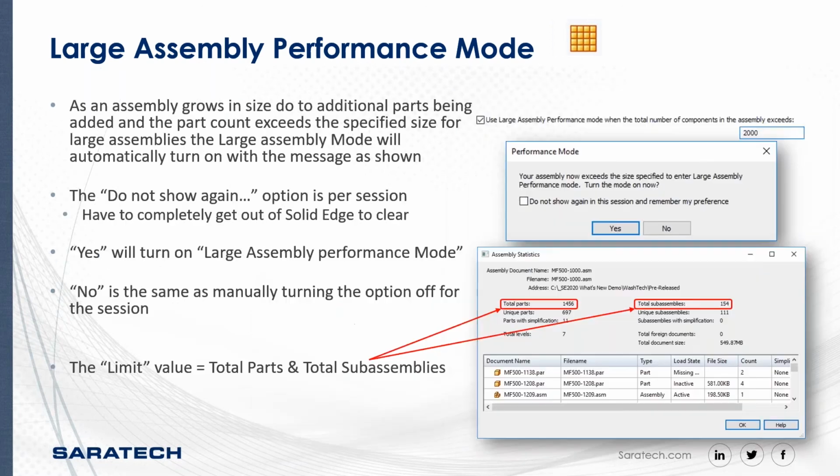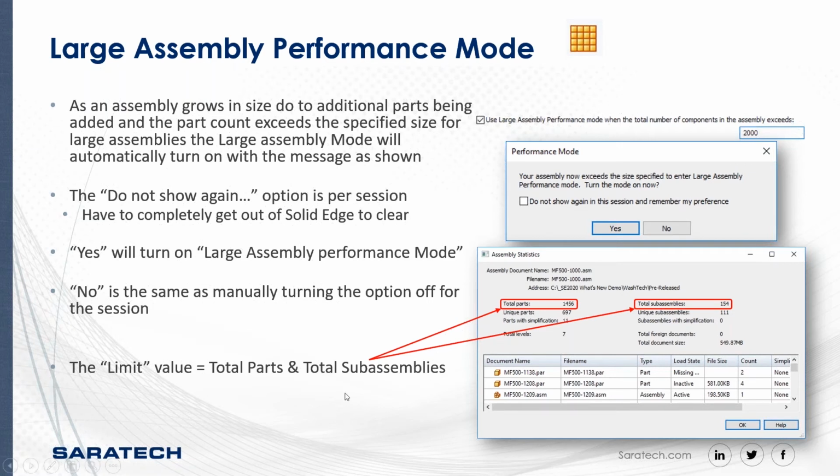As an assembly grows in size and the part count exceeds the specified size for large assemblies, large assembly mode will automatically turn on and a message is shown. So it's going to show you this message once you've exceeded that limit.